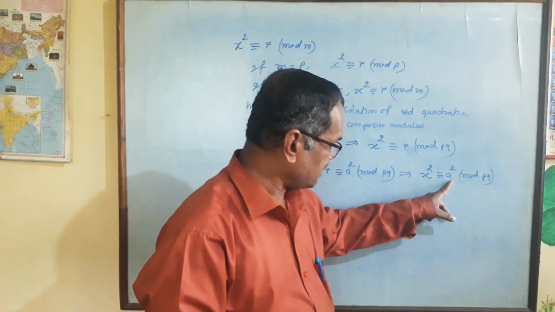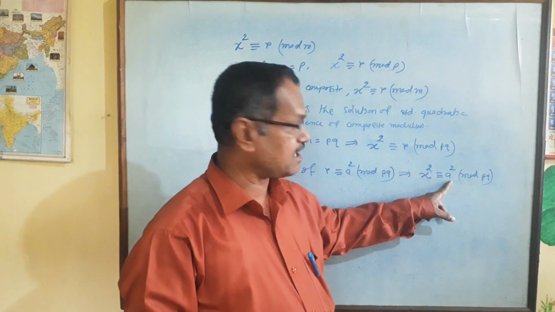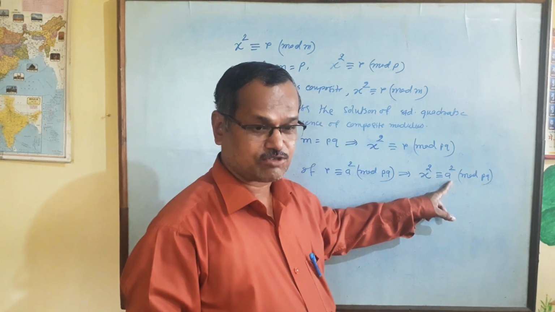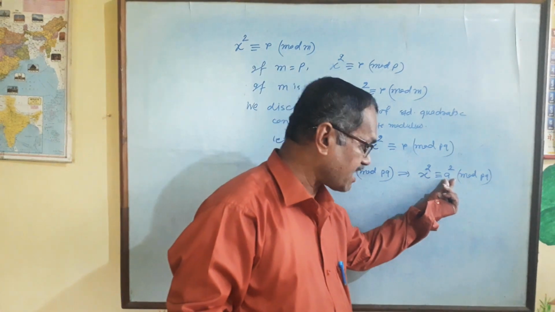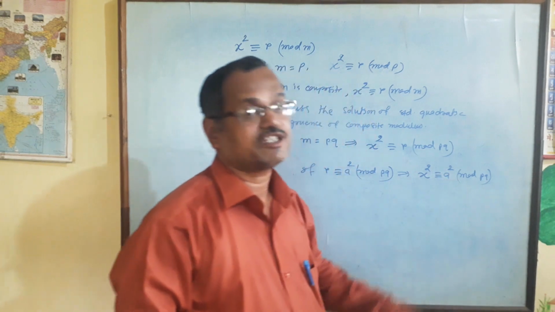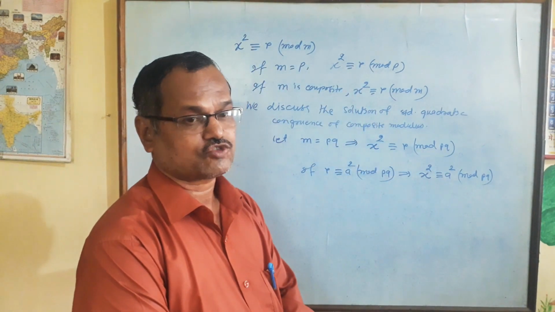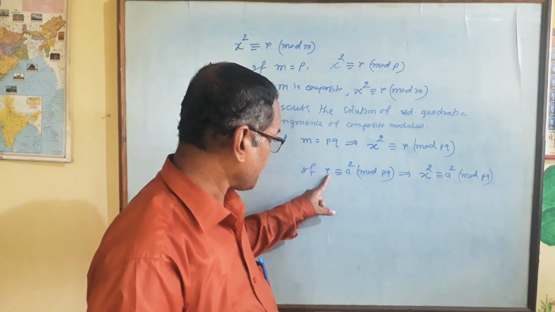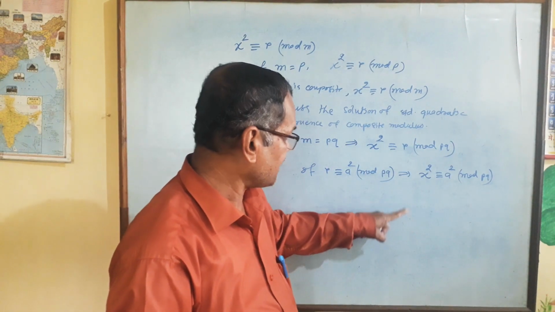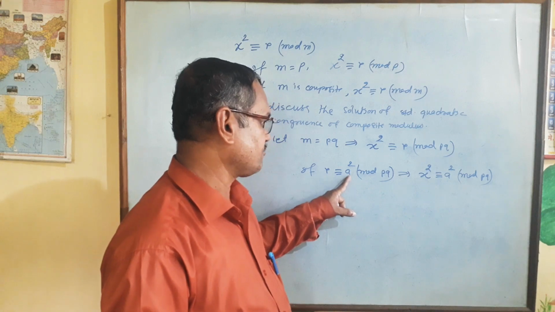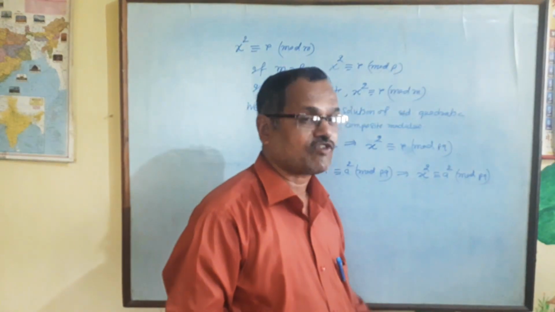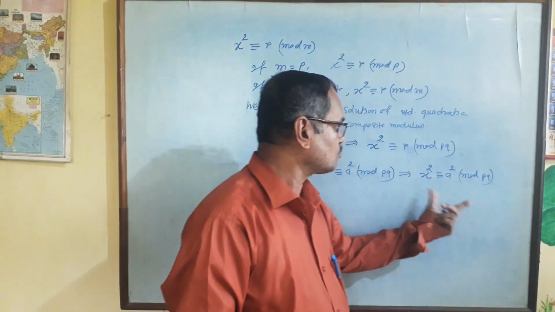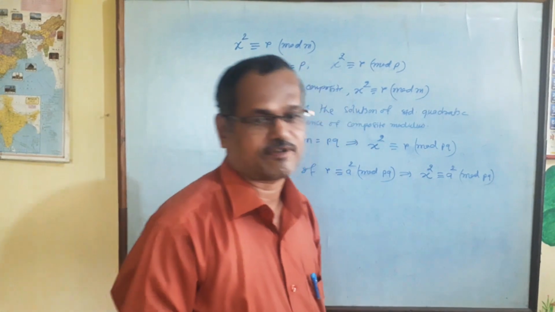Now, a square is always a square number, a quadratic residue. When this is a square number, the congruence is always solvable. So a square is a quadratic residue, because r is a square and it is divided by pq, we obtain the number. That is, a square is a quadratic residue of pq. So the congruence is always solvable.